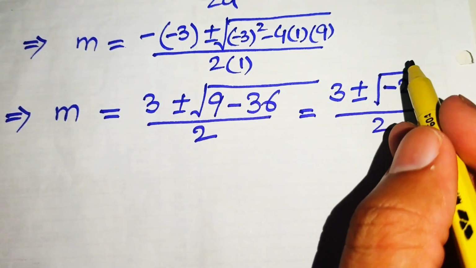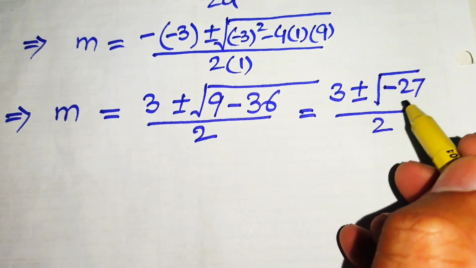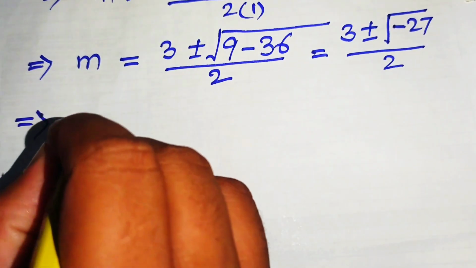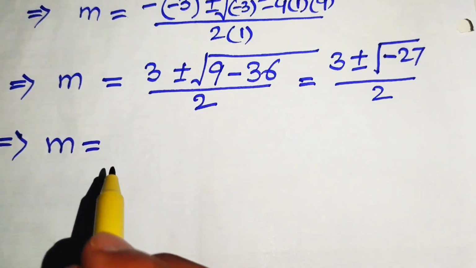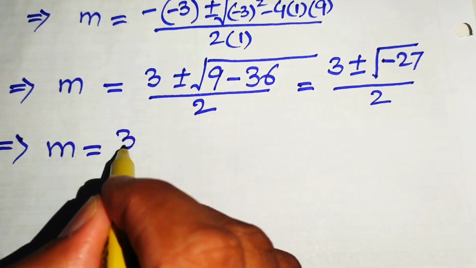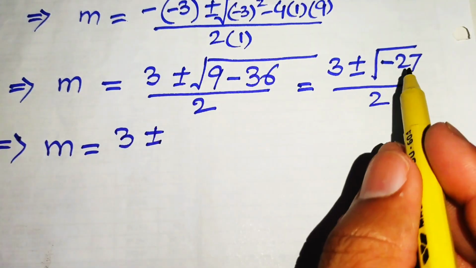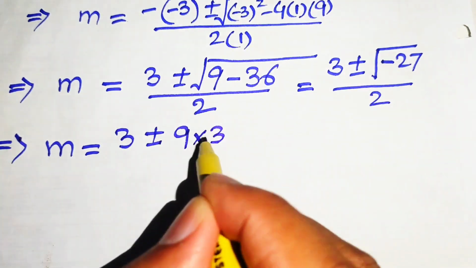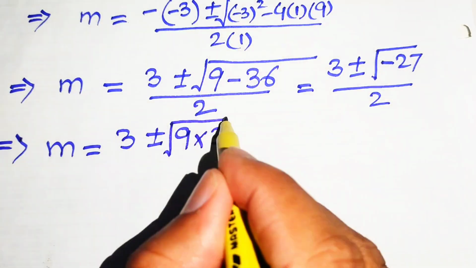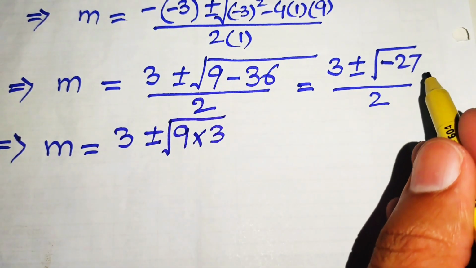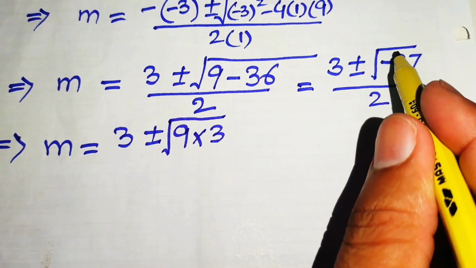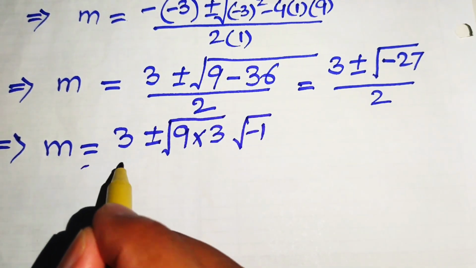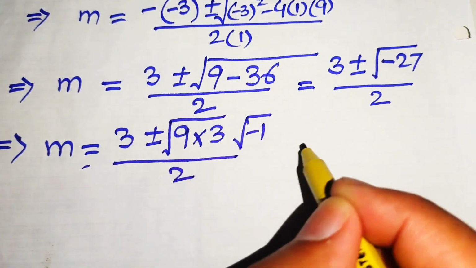So here we rewrite only this radical term: m equals 3 plus minus, we write this 27 as 9 times 3, and we separate the square root of minus 1, and this whole divided by 2.